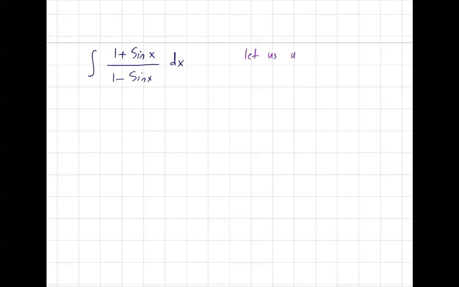Now let us use the conjugate of the denominator and try to simplify.